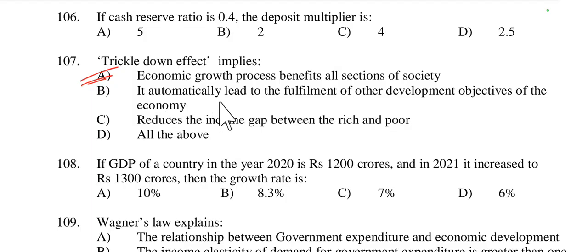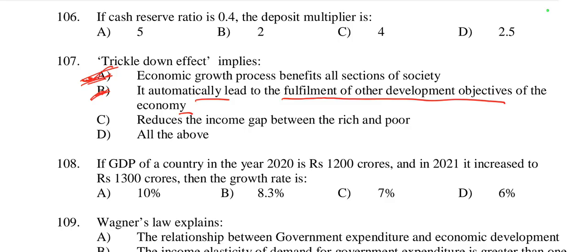Then it automatically leads to the fulfillment of other development objectives of the economy. Yes, we can take it, because it automatically leads to the fulfillment of other development objectives when trickle down effect operates. So the main objective is option number A. It is the basic or main objective of the trickle down effect.